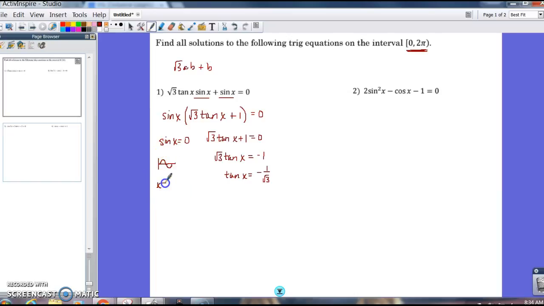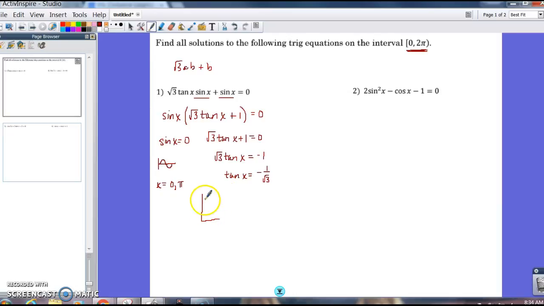So sine of x is going to be 0 at 0, pi, and 2 pi, but I can't include 2 pi in my answer, so it would just be at 0 and pi.